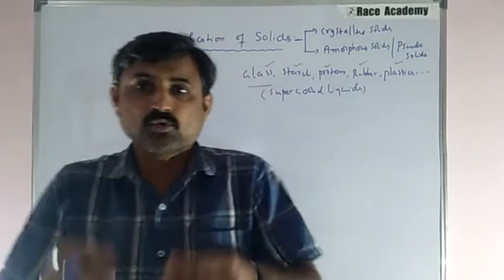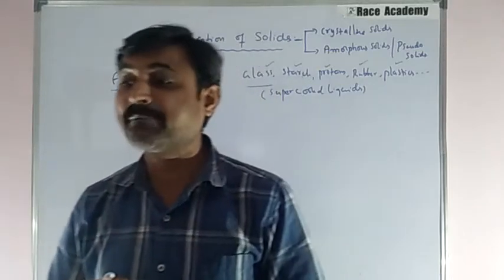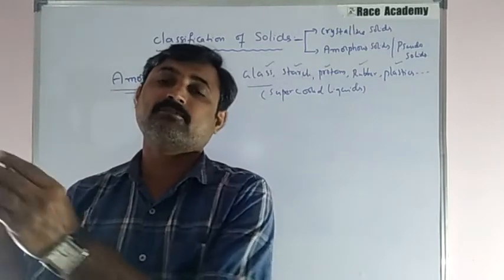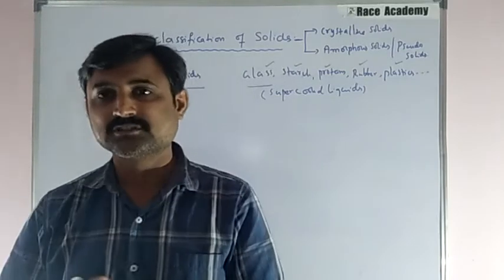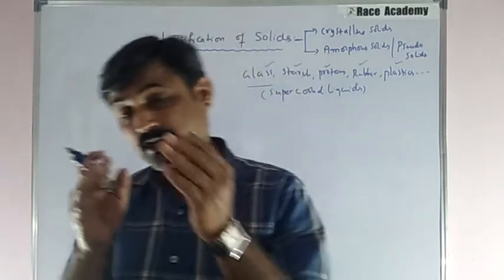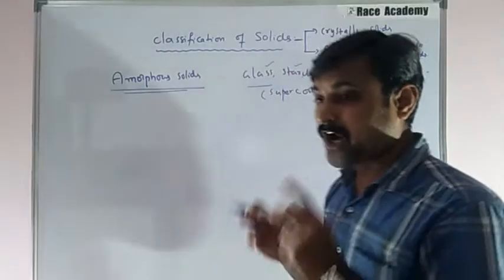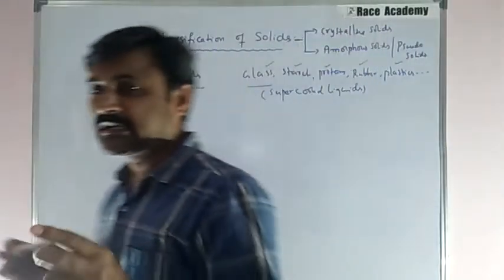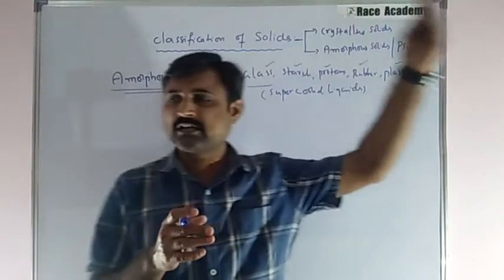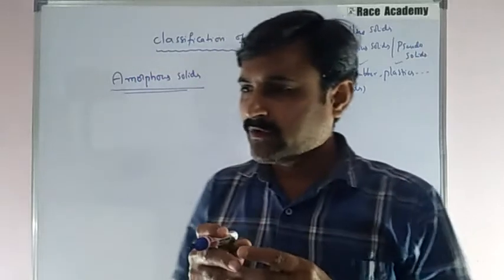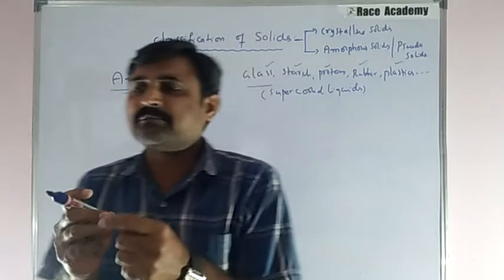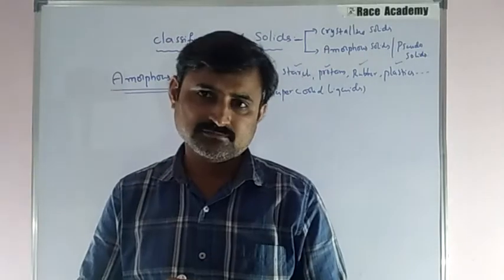When you heat or cool slowly, what will happen? Amorphous solids definitely become a systematic arrangement, called crystalline solids, at some temperature. The reason is very clear: glass articles of ancient times used to look milky due to some crystallization having taken place.